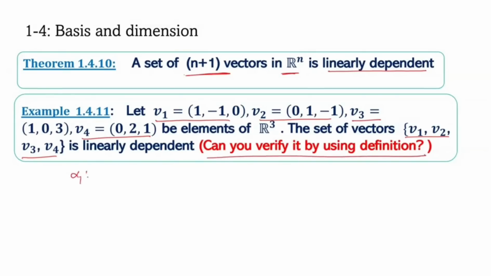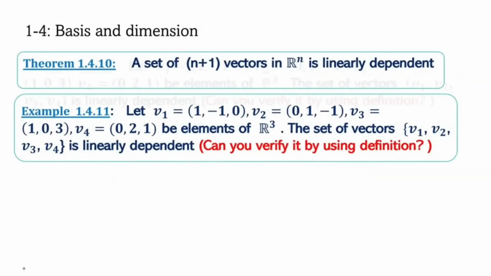That means if you take alpha 1 V1 plus alpha 2 V2 plus alpha 3 V3 plus alpha 4 V4 equal to (0, 0, 0), then you will get that some constants are not equal to 0. So therefore this will be linearly dependent.